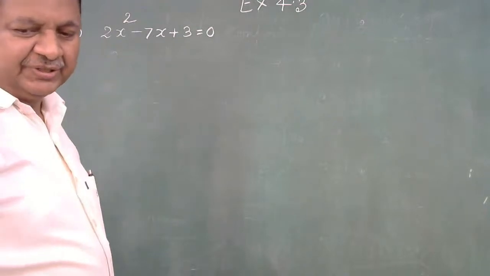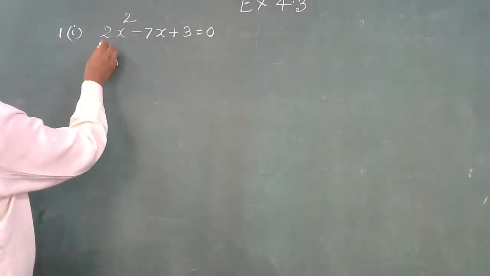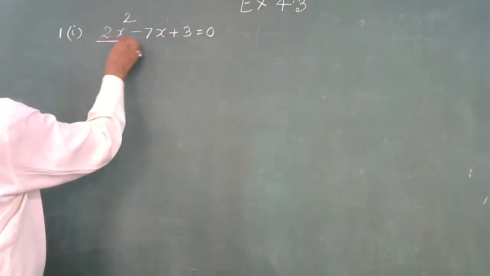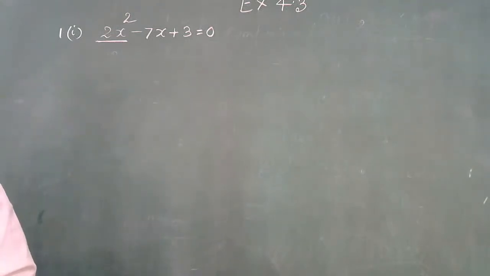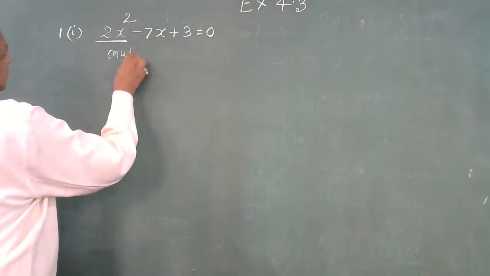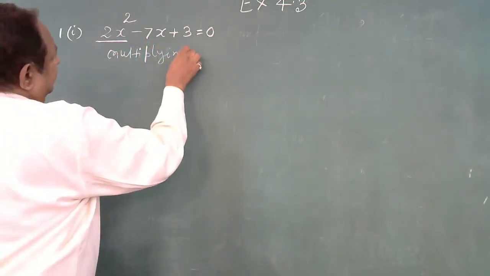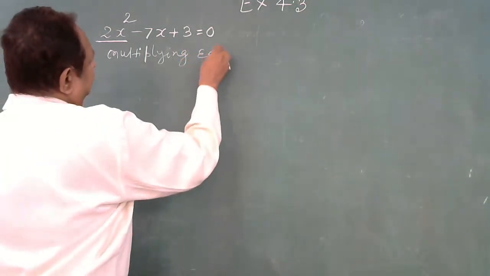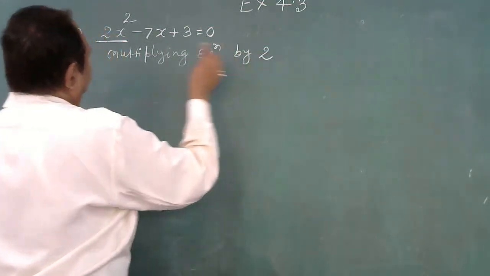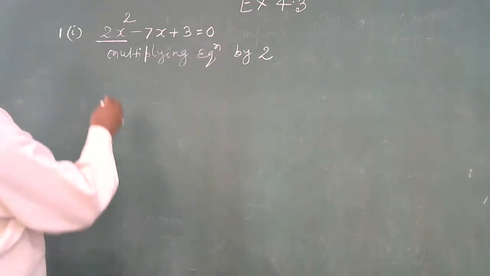How to solve this equation? First we have to make a perfect square of the first term. So multiplying the equation by 2 to make the first term a perfect square.